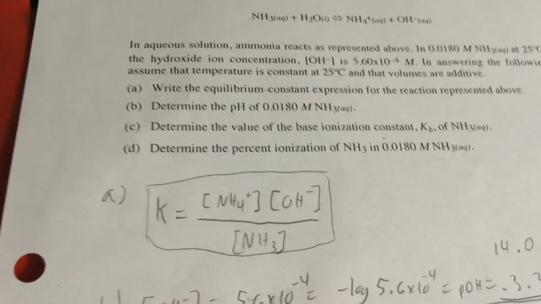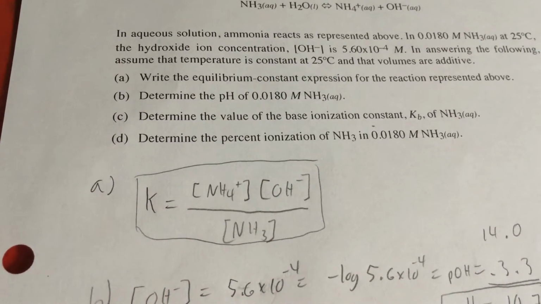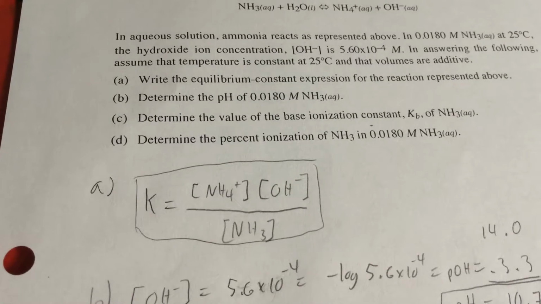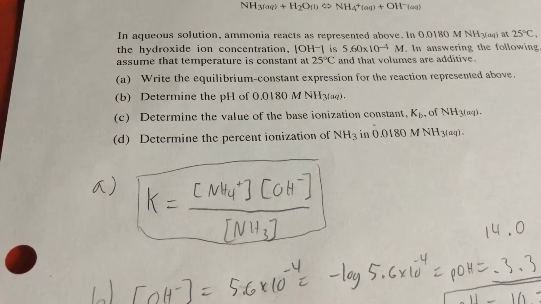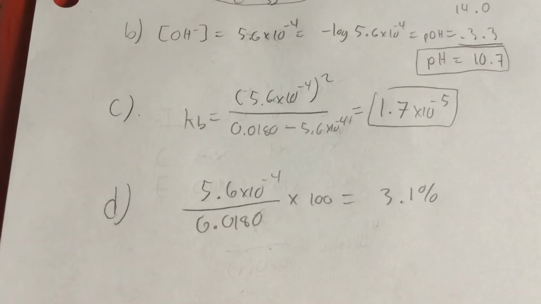For D here, it is asking to determine the percent ionization of NH3 in the 0.0180 molarity NH3 aqueous solution. So this is really easy.